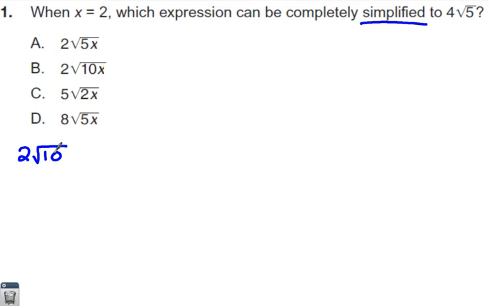Now, does that simplify? If you were doing it Mr. Birchanowski's way, you would try to simplify the root 10 by breaking it down all the way into its prime factors and seeing if there was any pairs of prime factors. Well, 10 breaks down to 2 and 5. There's no pairings at all.